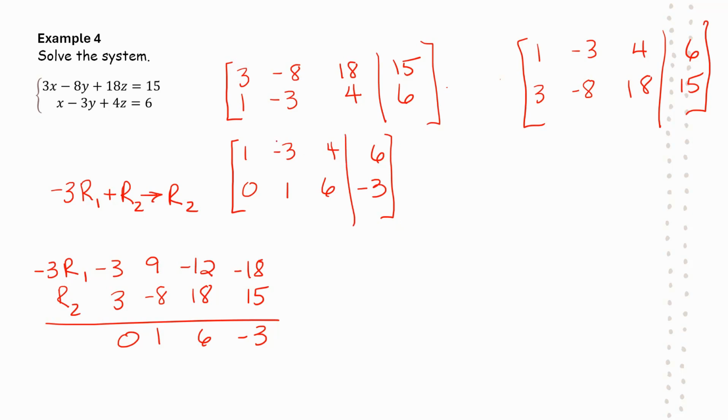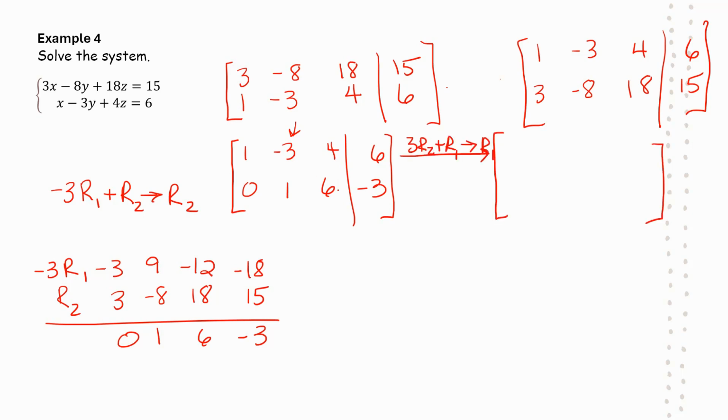And now we would want to make this a 0. So we'll multiply the second equation by 3 and add it to the first equation. So 3 times row 2 plus row 1, and we're going to replace row 1 with whatever we get.